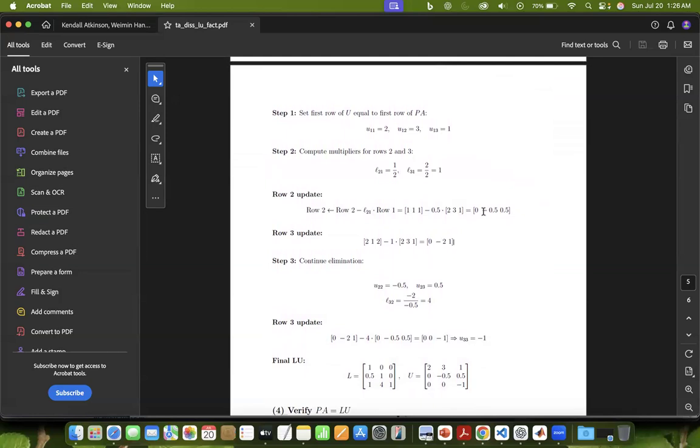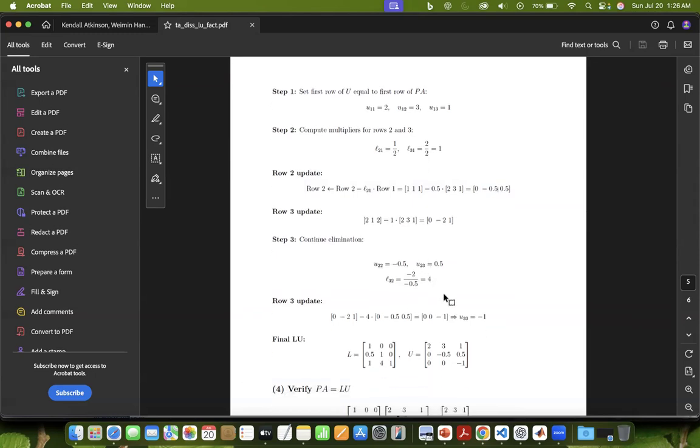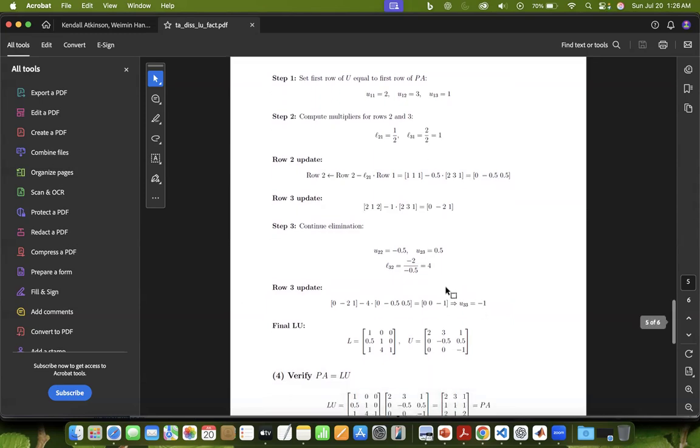And then your U22 becomes minus 0.5. Here, your U23 becomes 0.5. And then L32 is going to be this value upon this value, so minus 2 upon minus 0.5 is going to give you 4. Now you have one more operation left, which is row 3 equals row 3 minus L32 times row 2.